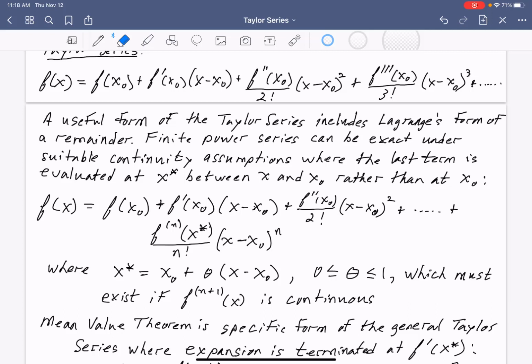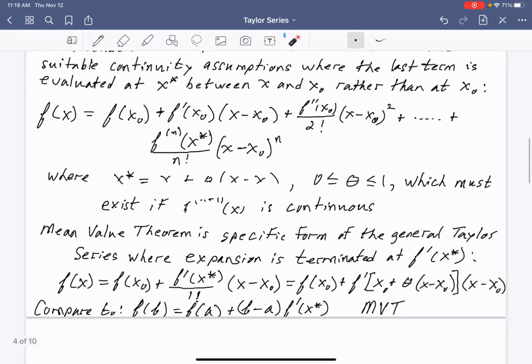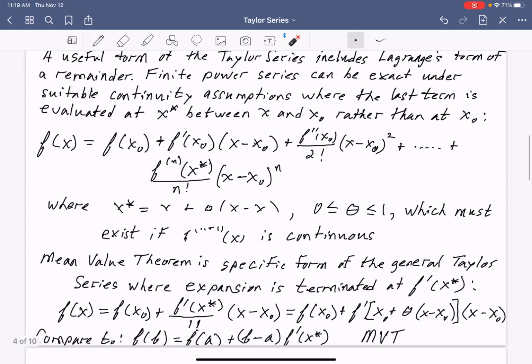And we know that this exists. The (n plus 1)th derivative is continuous, so all these derivatives are available.